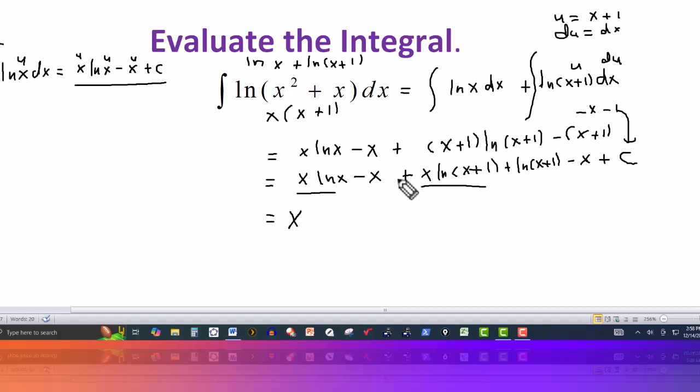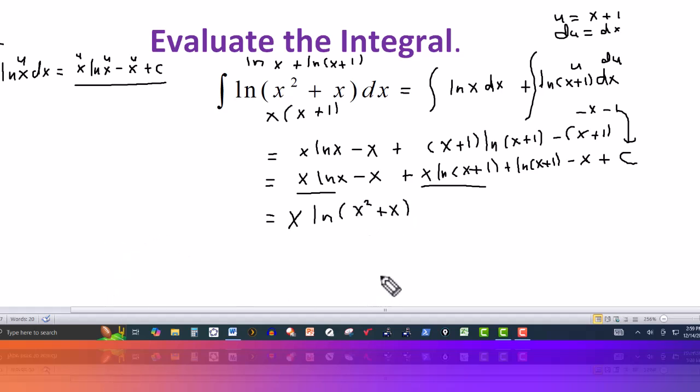Just like I did in the beginning, where I took this product, ln of x times x plus 1, and expressed it as a sum, we go the other way. It's a sum, so I can go backwards and express that as a product. So this would be x times x plus 1, which is x squared plus x.